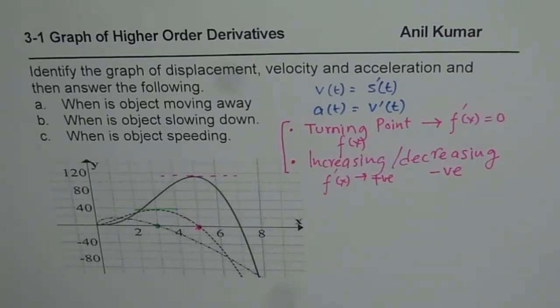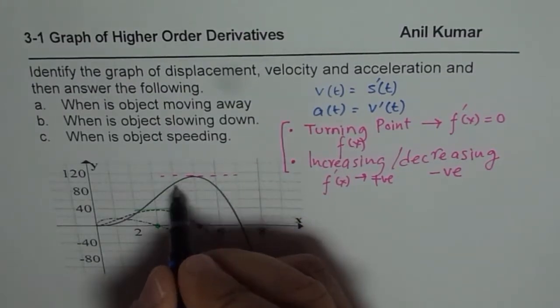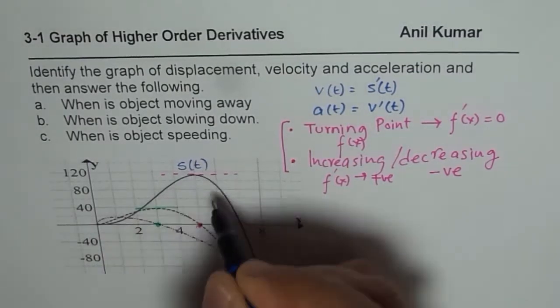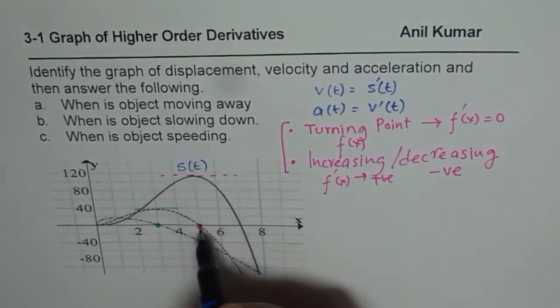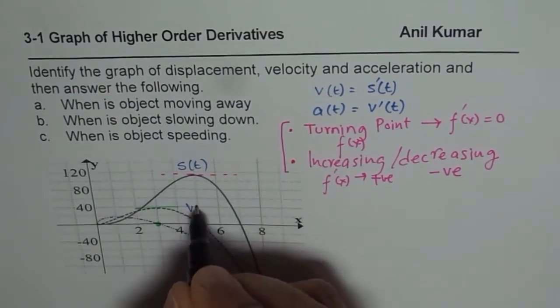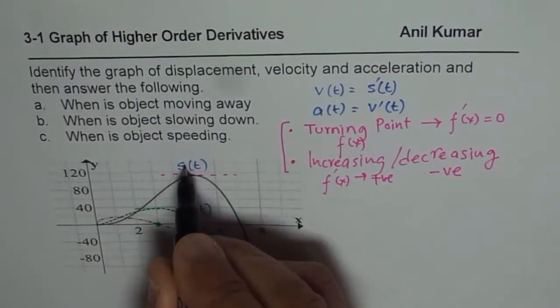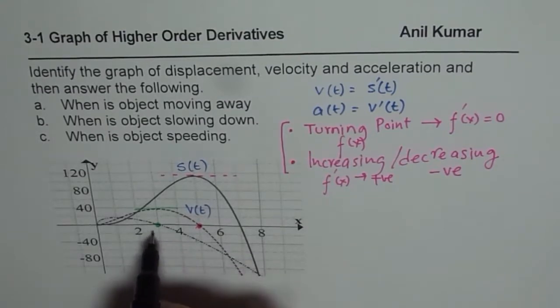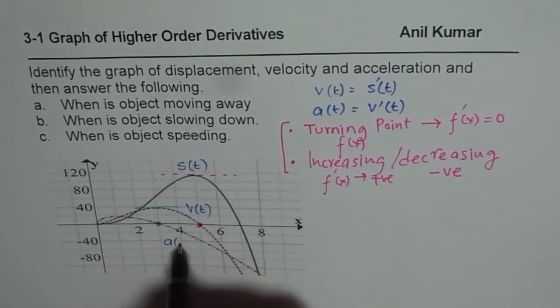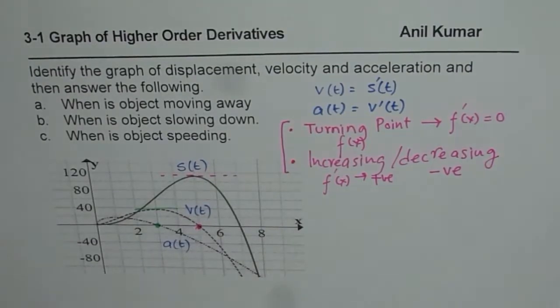I hope this point is absolutely clear. It's very important. The first graph here is our displacement graph. Its derivative at the turning point is 0, so this graph represents the derivative v of t, the derivative of displacement. And here, the derivative at the turning point is 0, so that graph represents acceleration. I hope that part is absolutely clear.